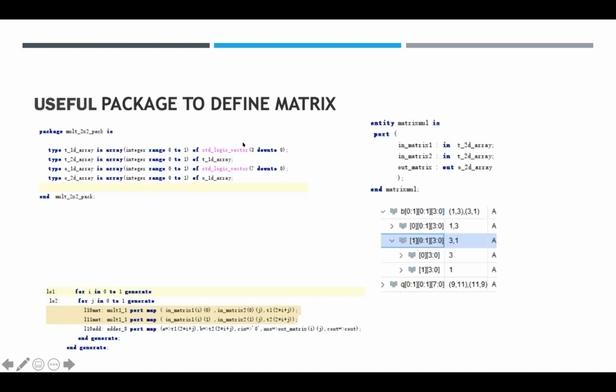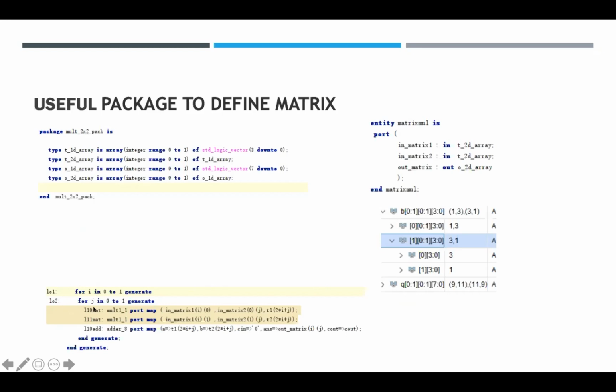It's a 4-bit input, 2x2 matrix, and this is the output. It's an 8 bits matrix, 2x2 matrix. It's very easy to define and use. We can show here. This is the 4 bits 2x2 array, and this is the 8 bits 2x2 array.